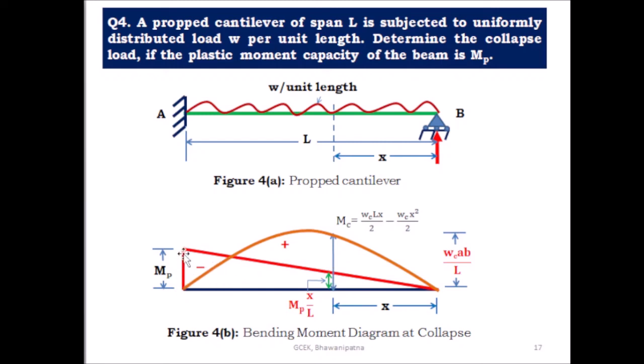So here this is MP, the negative moment at the fixed end, and here also MP, the plastic moment under the maximum bending moment.